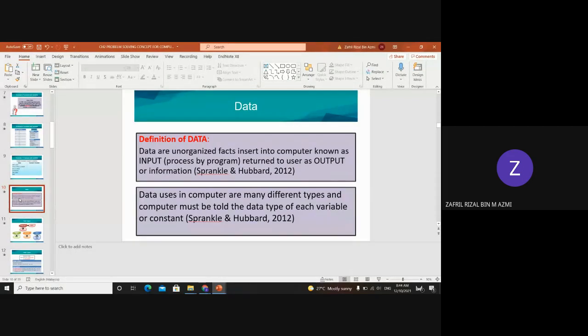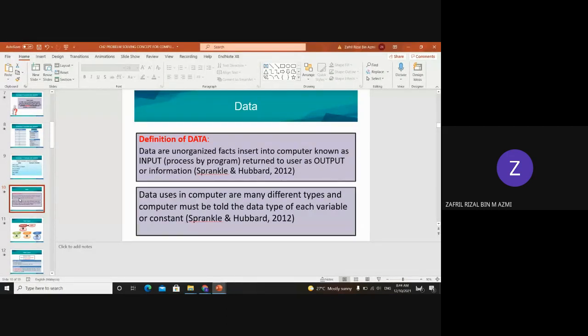We are talking about traditional computer language, not advanced computer language. In some computer languages you don't have to tell the compiler that this name variable is of type string, or that the commission variable or constant is of type numeric data.